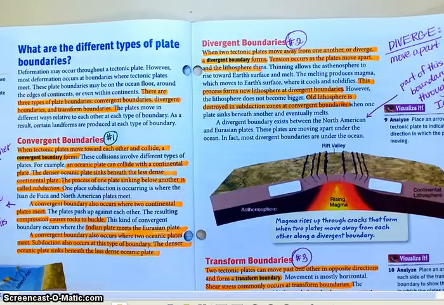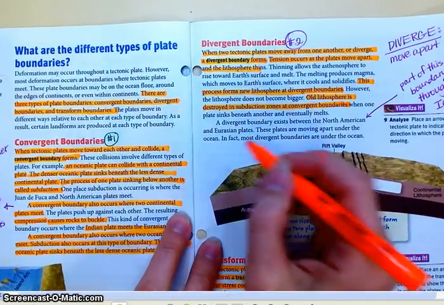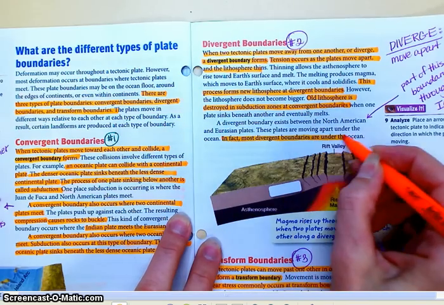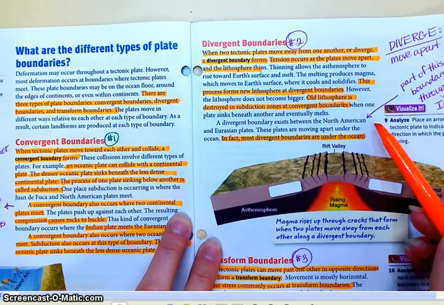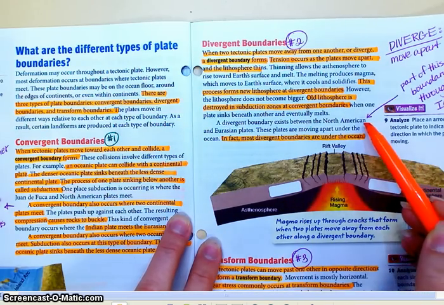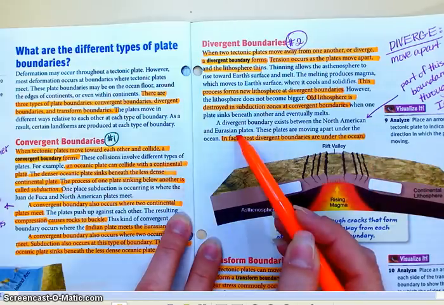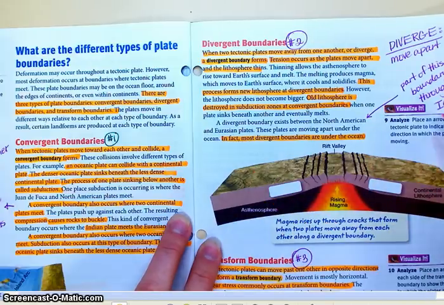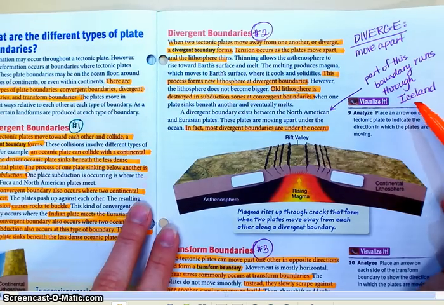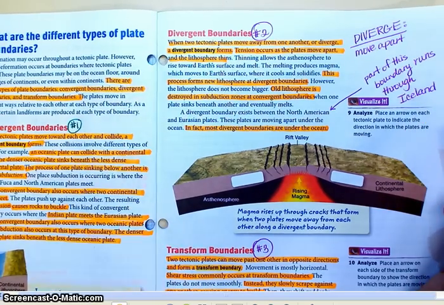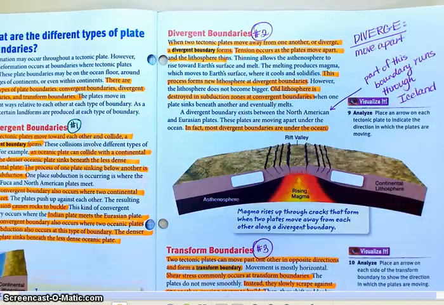In fact, most divergent boundaries are under the ocean, but not all of them. For example, part of the boundary between the North American and Eurasian plates runs through Iceland. So Iceland actually has a divergent boundary moving through it, and Iceland is sort of being slowly split over time.